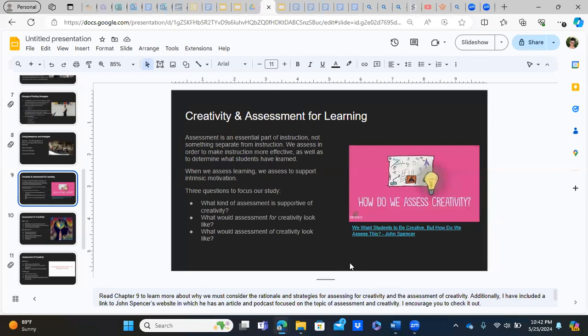He raises some really great questions that I think you need to consider as a classroom teacher working directly with students, and then eventually you may go on to be school level leaders or district level leaders, and these are very important questions. These are very important considerations for how we assess creativity. So I've linked that here.